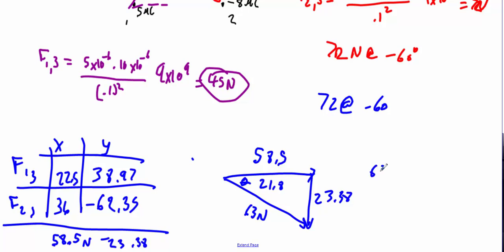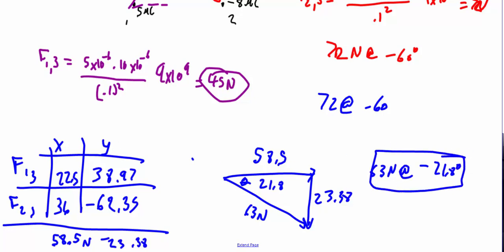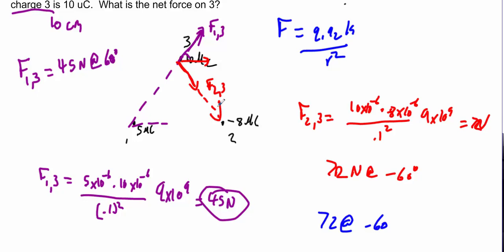So I'd say 63 newtons at negative 21.8 degrees. And that does make sense. It is being pulled towards this charge because this charge is bigger than this charge, and these two charges repel. So it's going to head this way towards that charge.